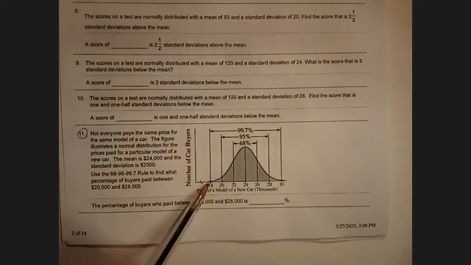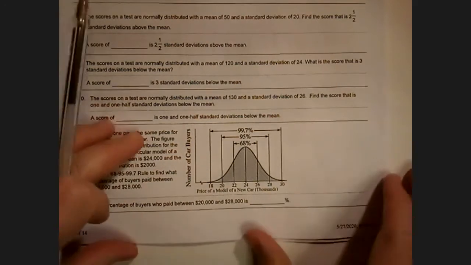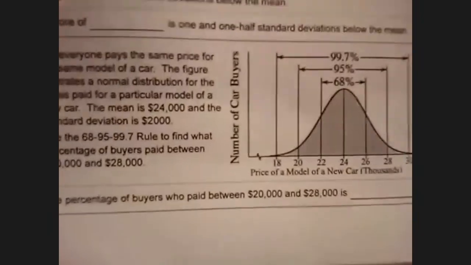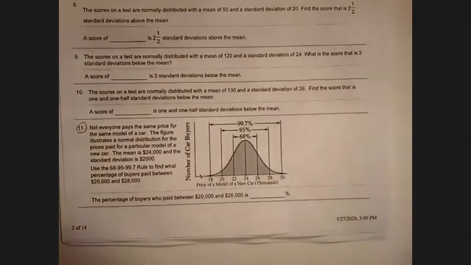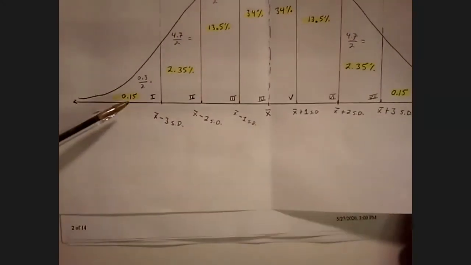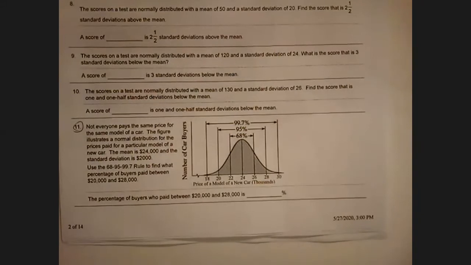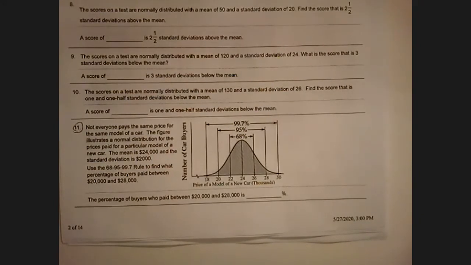What's a little deceptive about these pictures is it looks like it stops at 18 and 30. It doesn't, it keeps going. That represents this kind of excess on my graph. So the question is, the percentage of buyers who paid between 20,000 and 28,000.